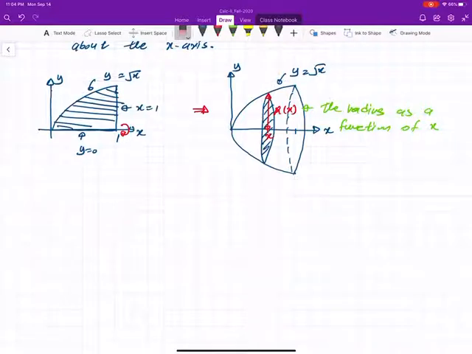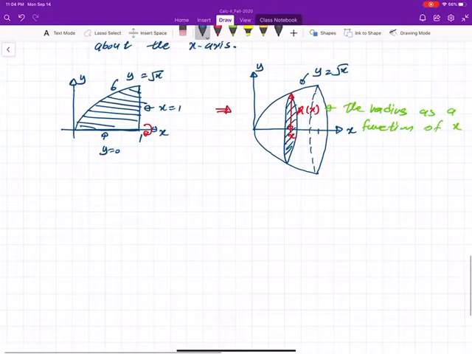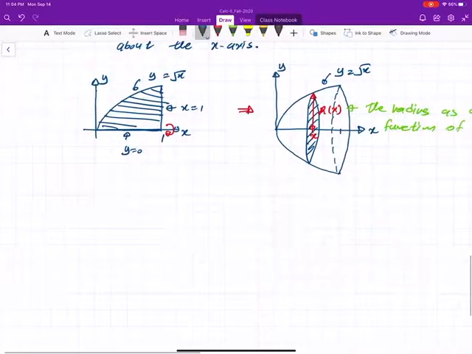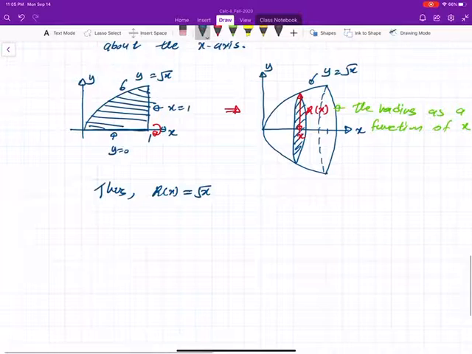All right, that's that height. So that is actually square root of x. Thus, r of x equals square root of x.